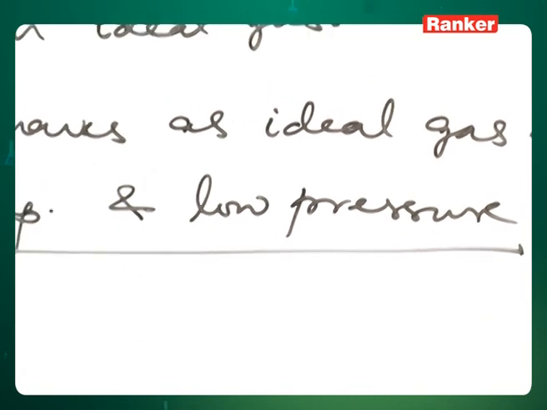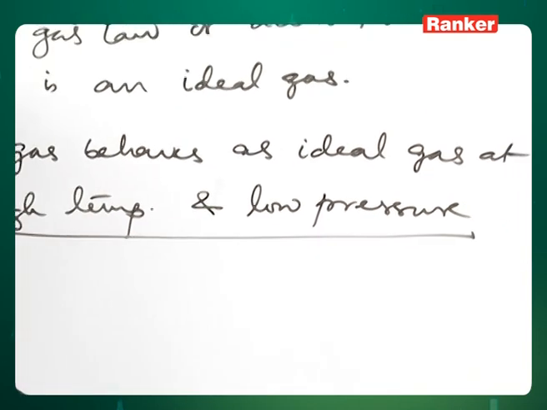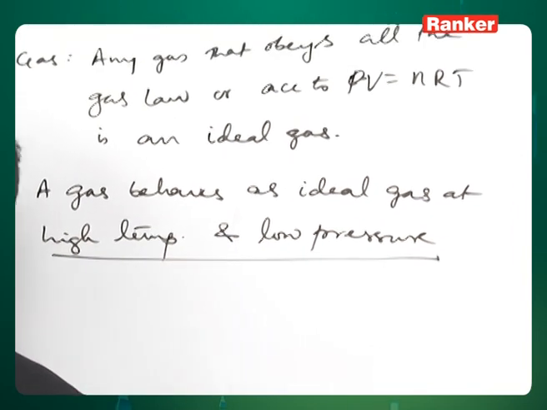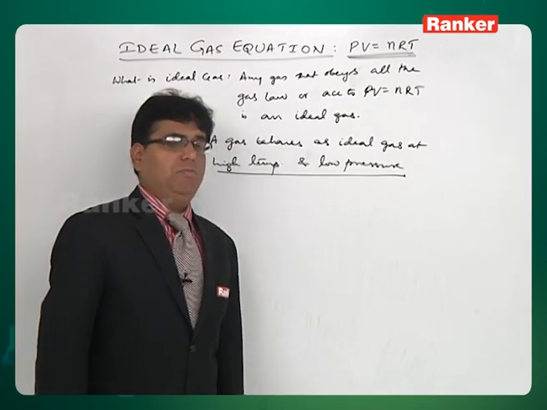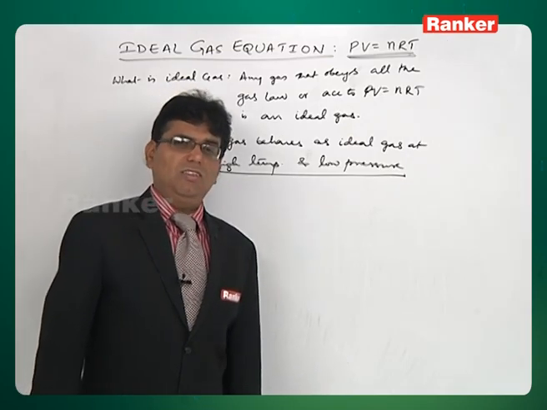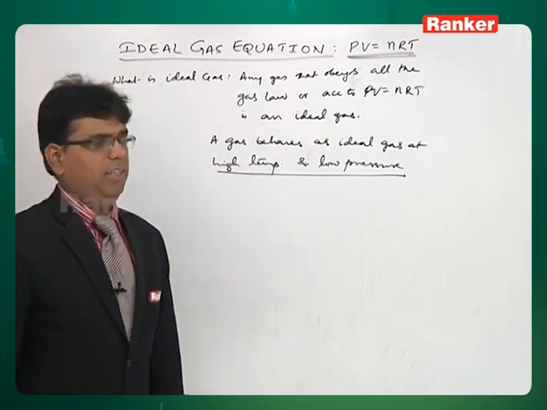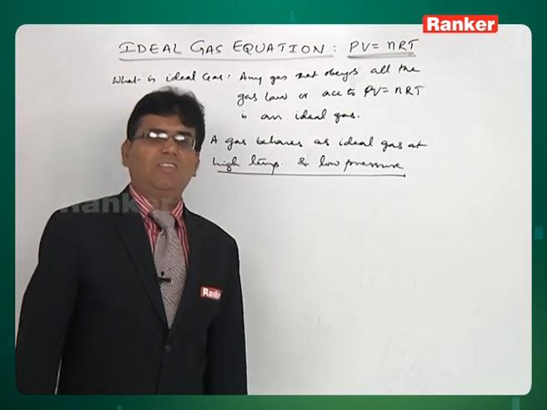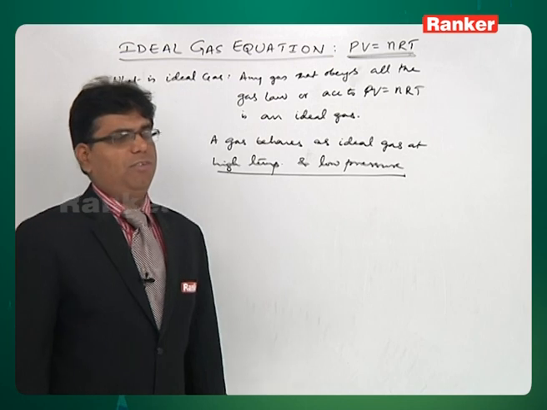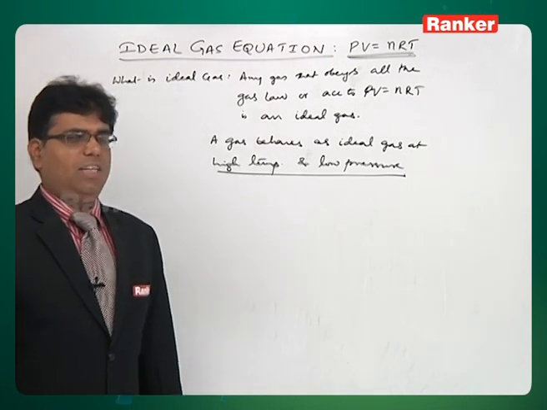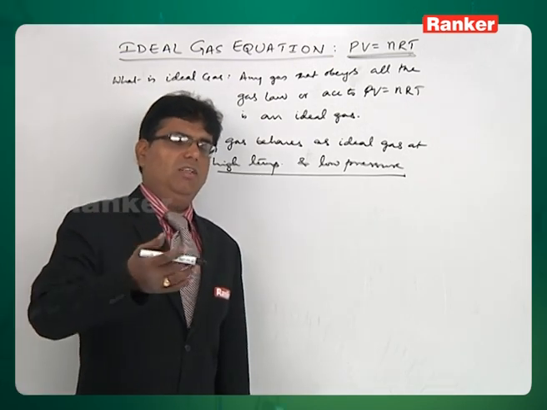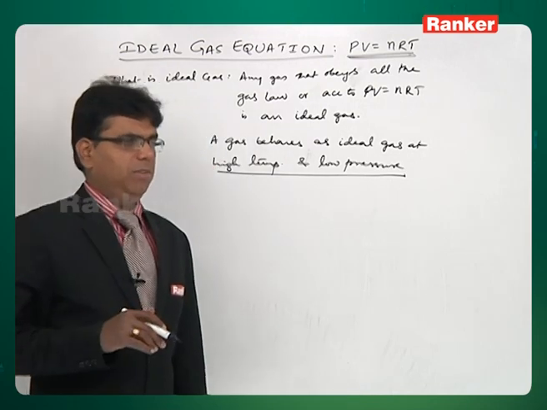Here, high temperature and low pressure, these are not any constant or any demarcation. For different gases, high temperature means it will be different, and similarly low pressure also will be different.